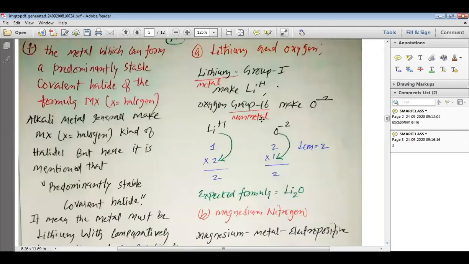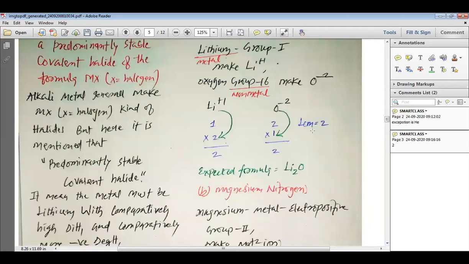Oxygen, group number 16, is a non-metal, so it makes the negative ion, O minus 2. You know, lithium and oxygen, Li plus 1, O minus 2. The charges are 1 and 2, LCM is 2. To get the LCM number, lithium needs to multiply with 2, whereas oxygen needs to multiply with 1. So we need 2 lithium and 1 oxygen to make the compound, that is Li2O.